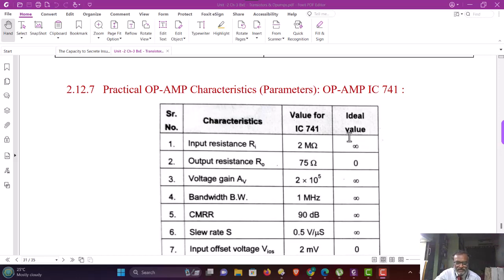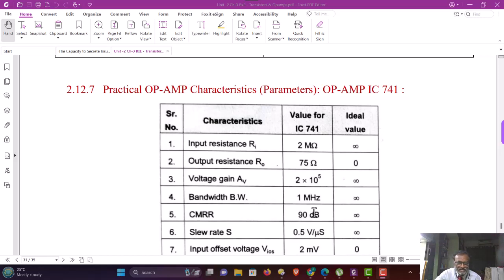Ideal value we know is infinity, but 2 mega ohm is significantly high. Output resistance Ro here is 75 ohm. The voltage gain of the 741 op-amp is 2 into 10 raised to 5, which is very high. Bandwidth of the operational amplifier 741 is up to 1 megahertz.